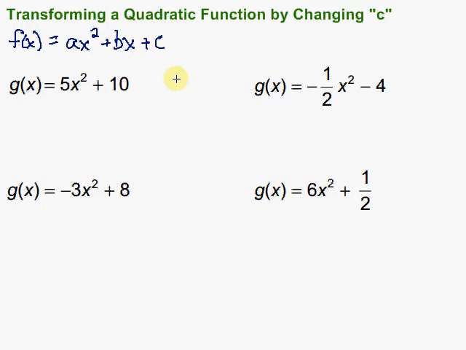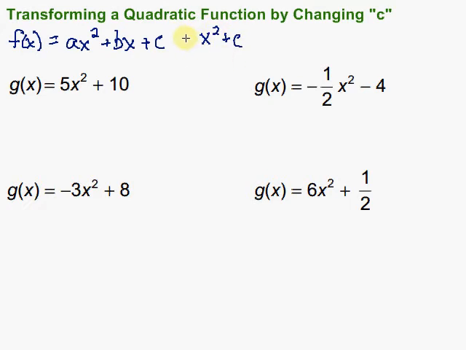Okay, so first thing we're going to do, and how we're going to look at these graphs, is we're going to assume that b is 0 here, so we don't have that middle term. And to start with, we're going to assume that a is also 1. So we would just have the function x squared plus c.